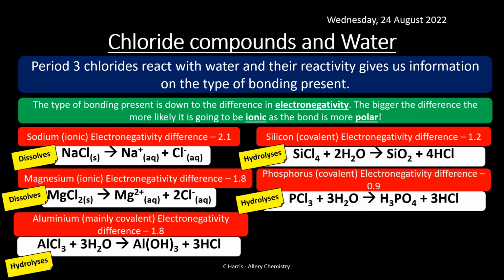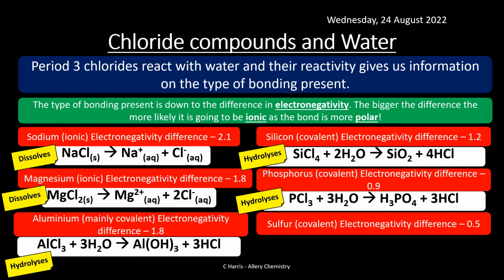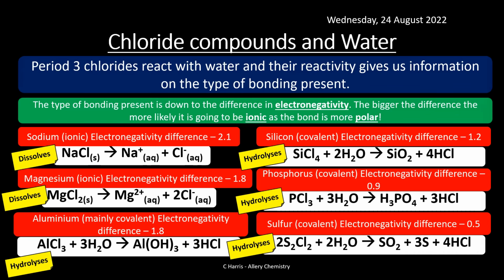So it's PCl3. Phosphorus chloride will react with 3 molecules of water to form phosphoric acid and hydrochloric acid. And sulfur, the electronegativity difference is even smaller here, so it's definitely covalent, and this hydrolyzes as well, and you've got your reactions there.